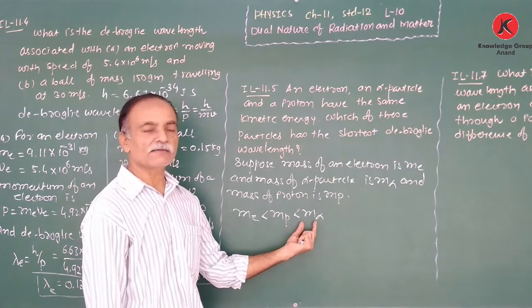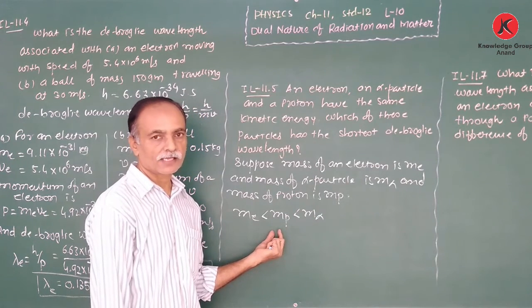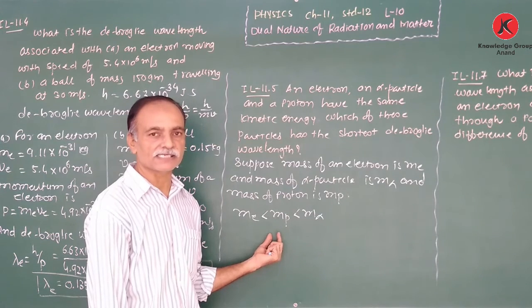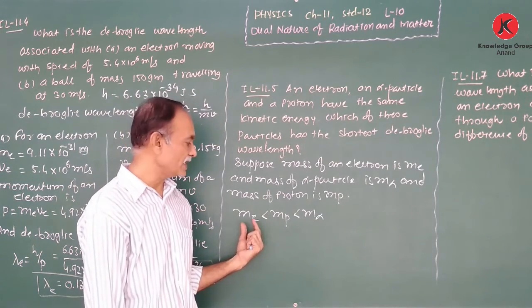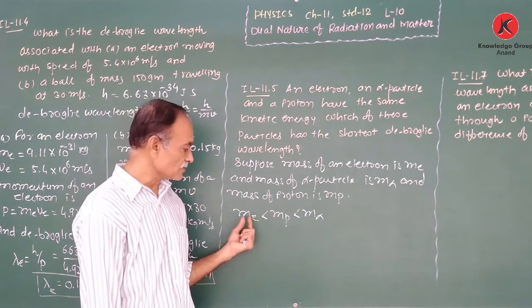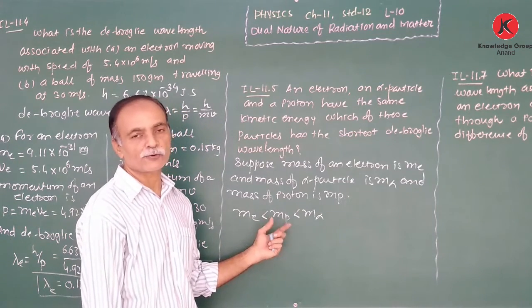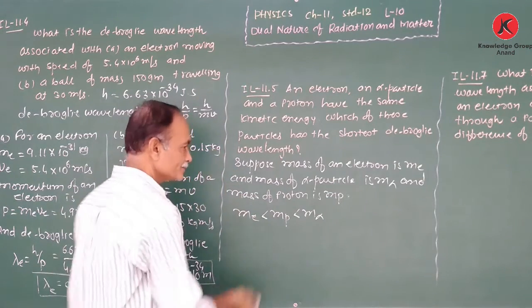That means the mass of the alpha particle is double the mass of the proton. Mass of proton is 1.67 into 10 is to minus 27 kg, while the mass of the electron is 9.11 into 10 is to minus 31 kg. So the mass of the electron is smaller compared to the mass of the proton, and the mass of the proton is also smaller than the mass of the alpha particle.